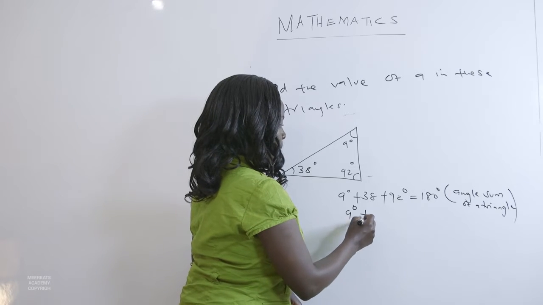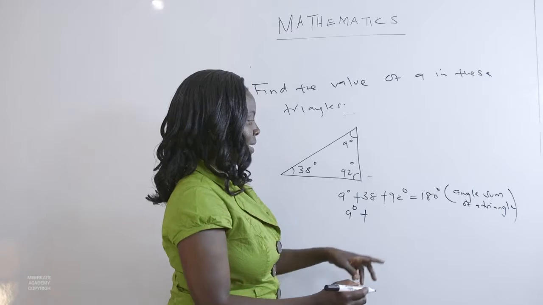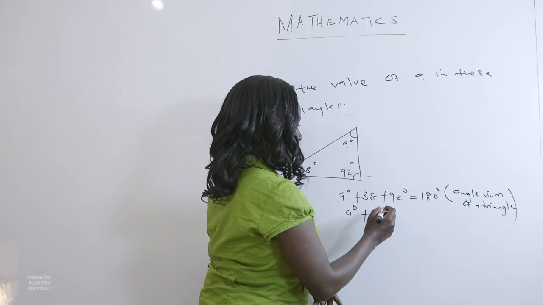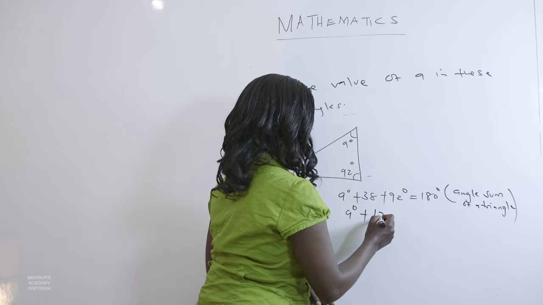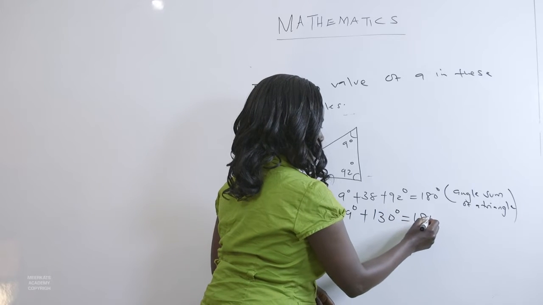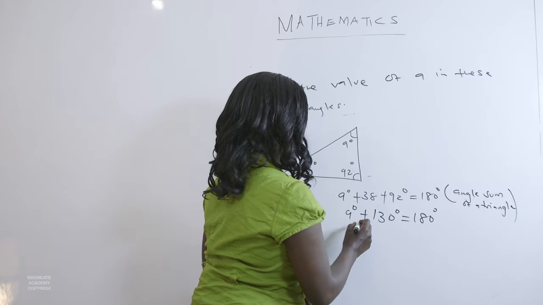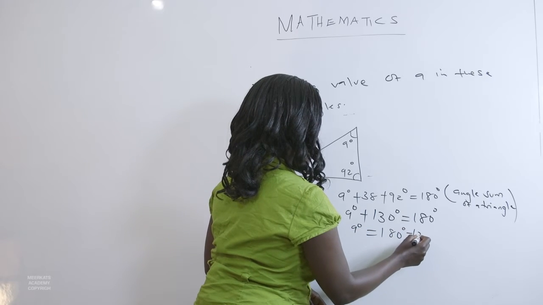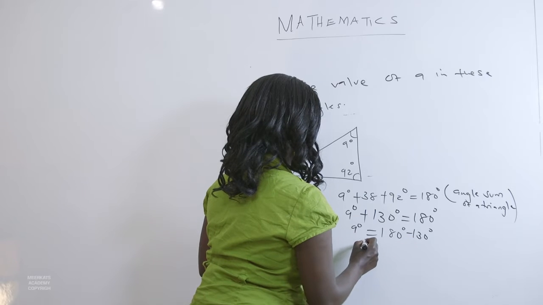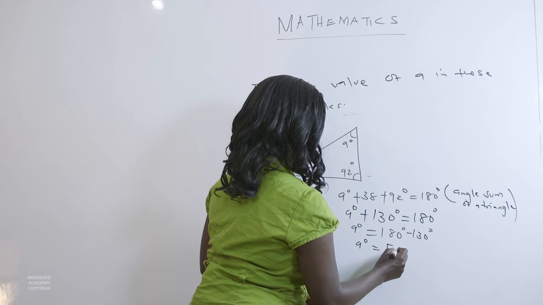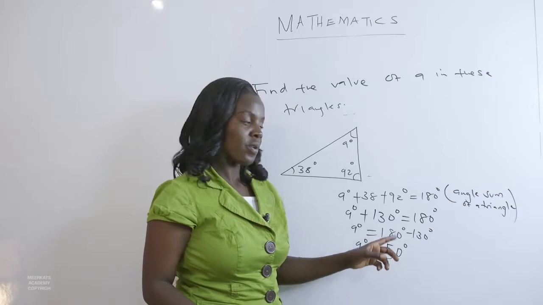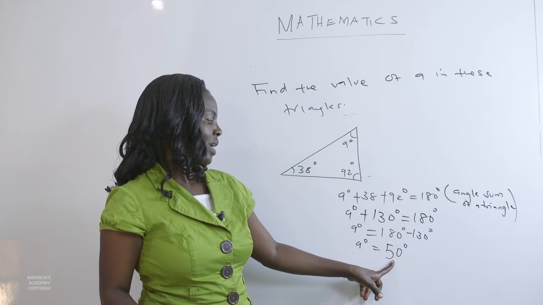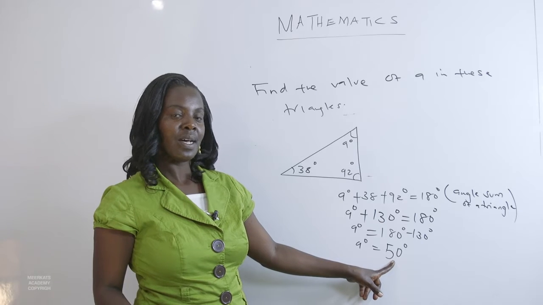If we add 38 and 92, that will give us 130. If we collect the like terms, we take 130 to the other side, we'll have A equal to 50 degrees.